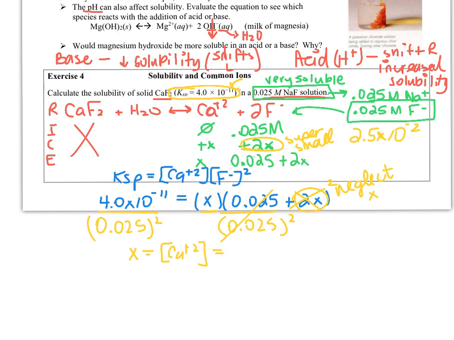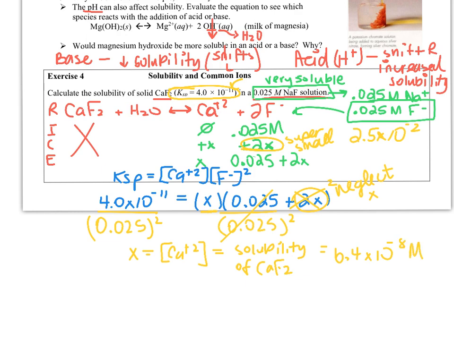When we do that, our x, which is the concentration of calcium ions, which is also equal to the solubility of CaF2, how much it dissolved, we solve it, divide, and we end up with 6.4 times 10 to the negative 8th molar.